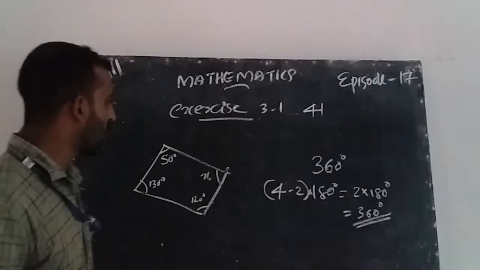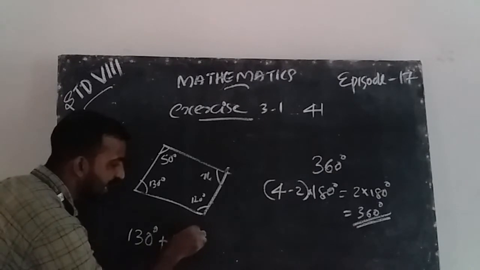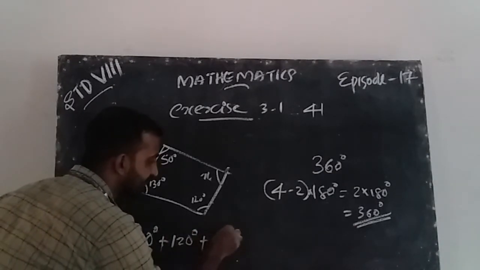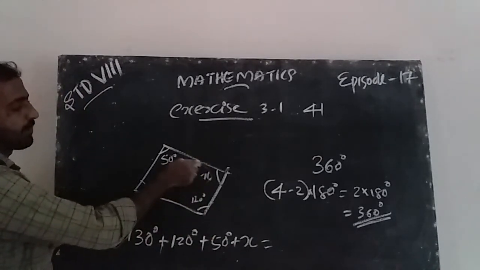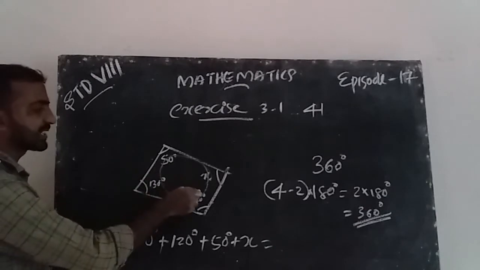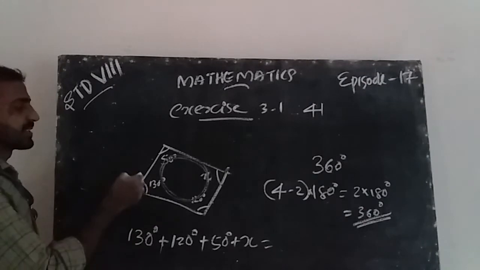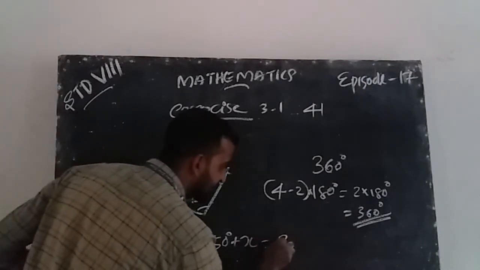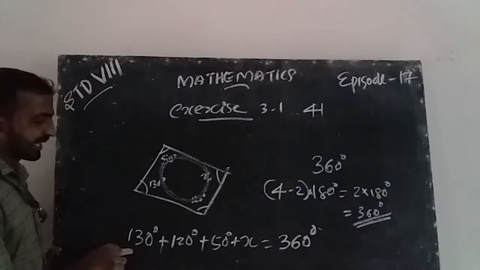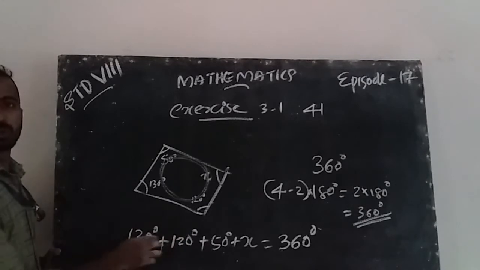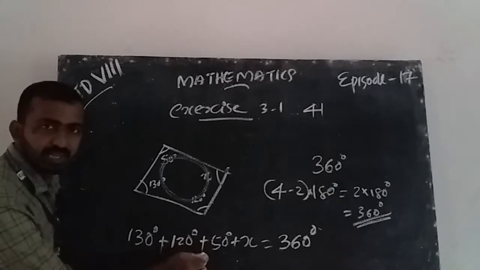So we can write 130 degree plus 120 degree plus 50 degree plus x equal to the sum of all angles. Here are 4 angles. So we take the sum of 4 angles, we get 360 degree. 130 degree plus 120 degree is 250 degree. 250 degree plus 50 degree is 300 degree.